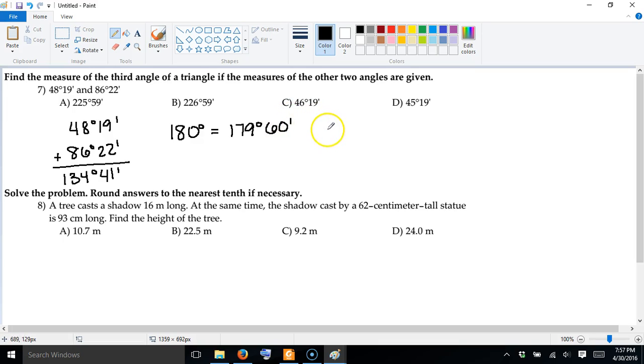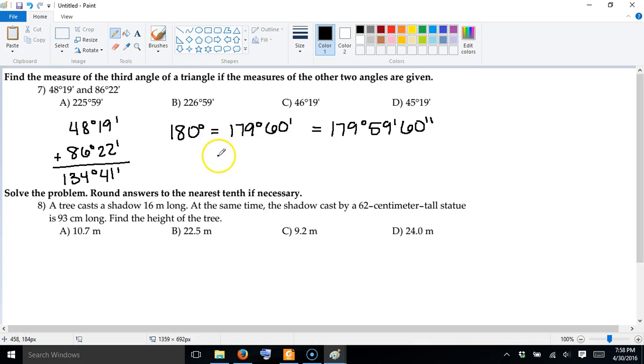Now, if we needed seconds, which we don't in this problem, 179 degrees and 60 minutes is the same thing as 179 degrees, 59 minutes, and 60 seconds. But we don't need this in this problem. What we do need is this section right here.